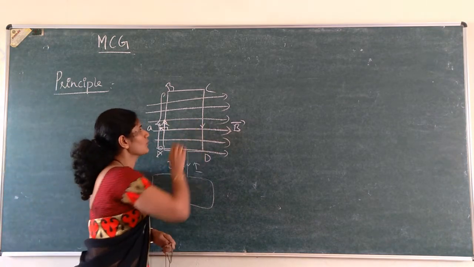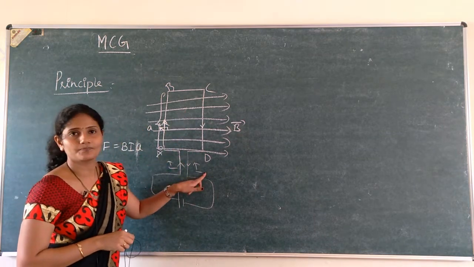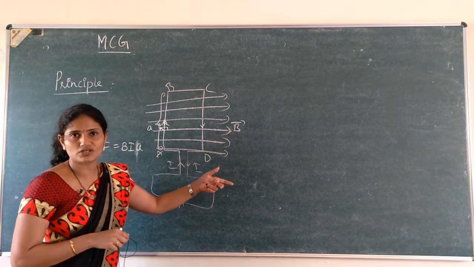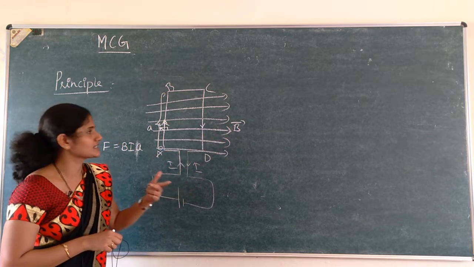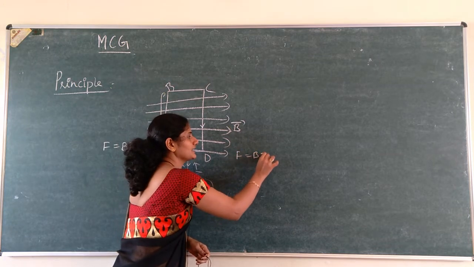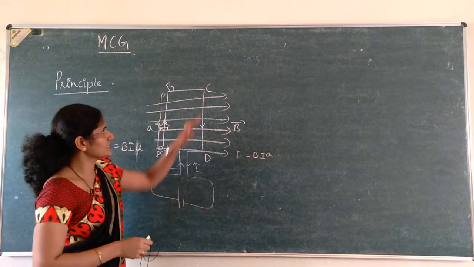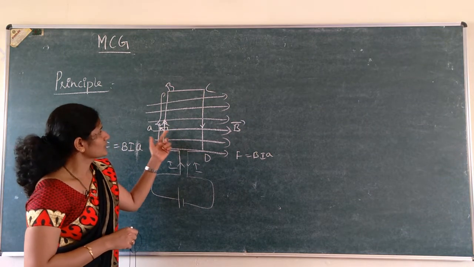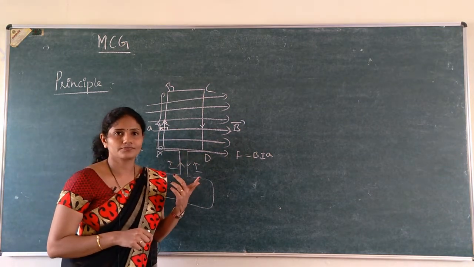Similarly, what is the force on the arm CD? This is I or L, this is B, they are perpendicular to each other, theta is equal to 90 degree, sin 90 is 1. So the force acting, F is equal to BIA, where A is the length. So their magnitudes are equal.